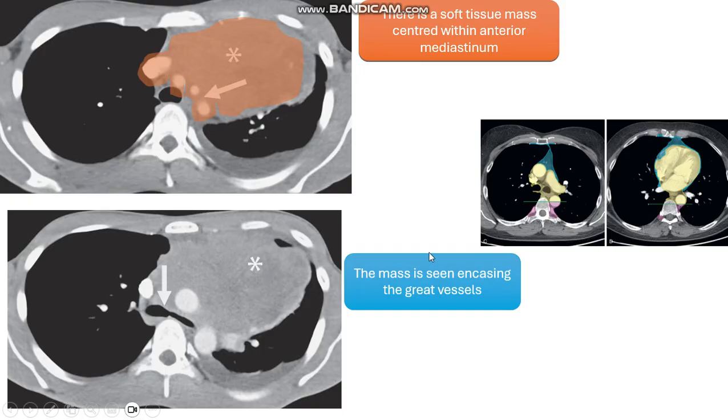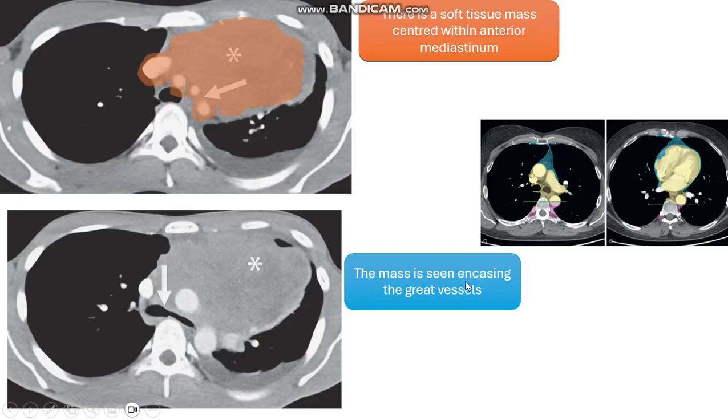The mass is seen encasing the great vessels without compressing them. Here also, the mass is seen encasing the great vessels without compressing or obstructing them or invading them.